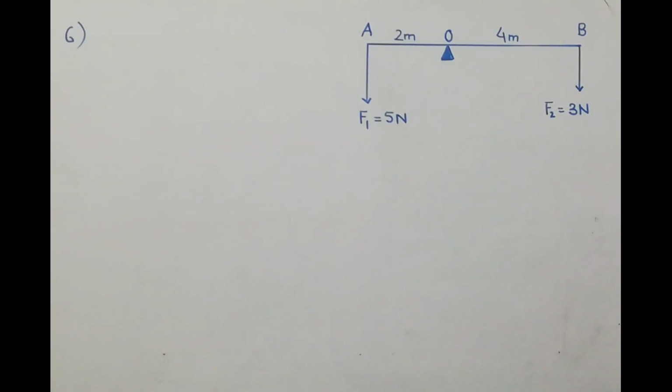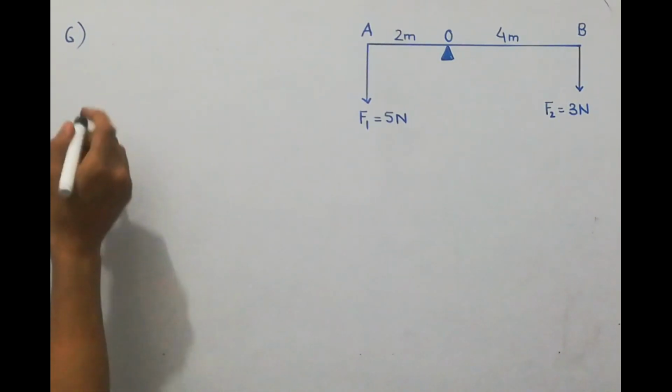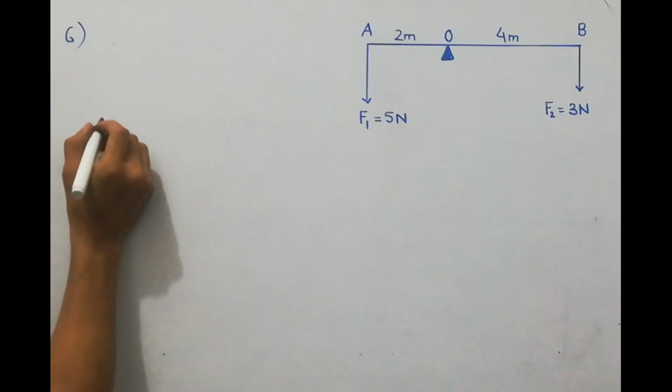Whereas the distance of F2 from the point of rotation is 4 meter. So let us calculate moment produced by these two forces about O. So first part they have asked you to calculate the moment of F1 about O.